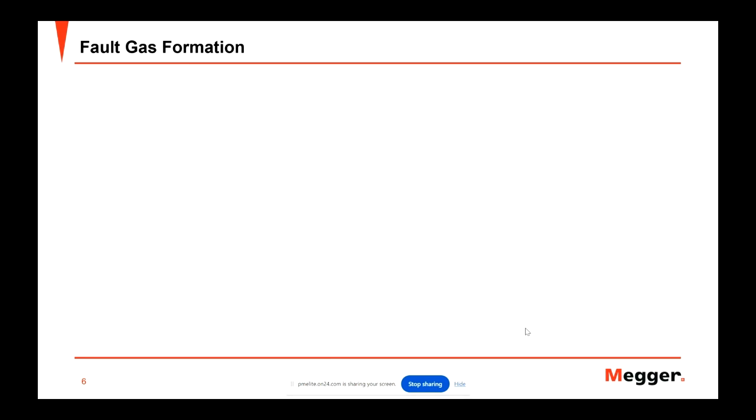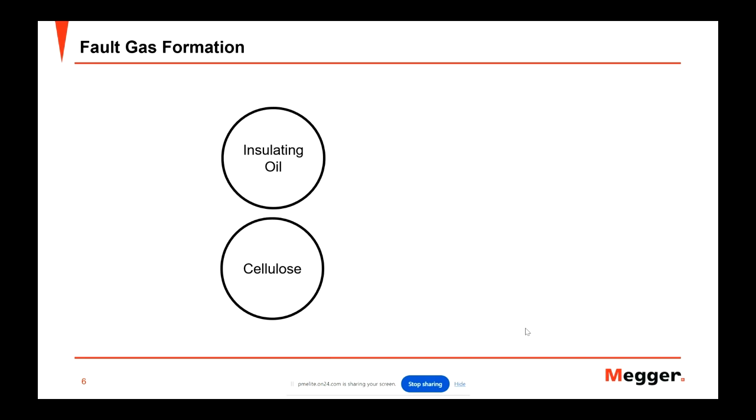I will talk a little bit about the gas formation here so that you can understand a little bit more why we choose the gases to monitor, and how we choose to monitor those gases. Inside of your transformer, I have already discussed that we have two main insulations. First is the insulating oil. Second is the cellulose, or the paper, inside of your transformer.